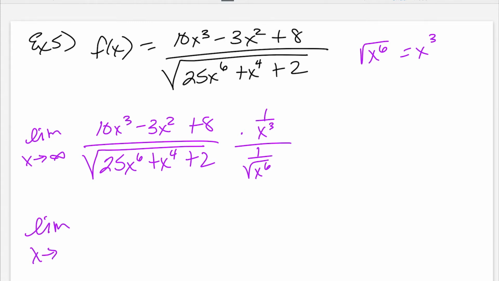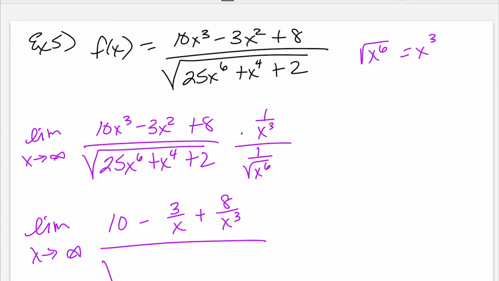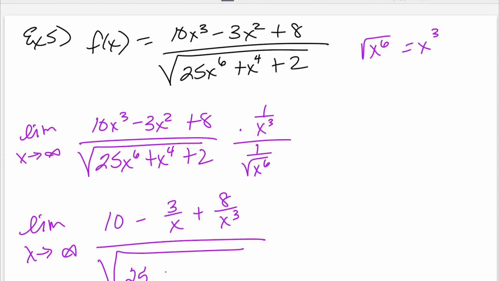So let's do this thing. I now end up with 10 minus 3 over x plus 8 over x cubed. Down here, I've got 25, because x to the 6th over x to the 6th, right? Plus 1 over x squared plus 2 over x to the 6th.